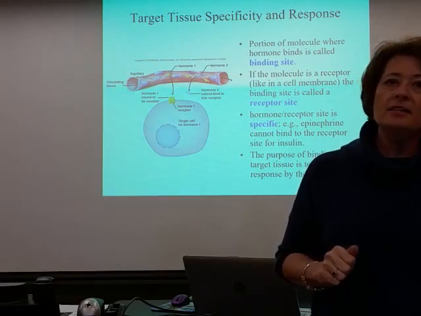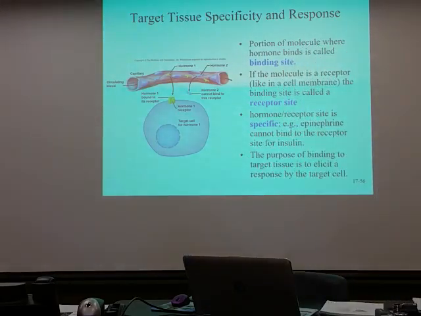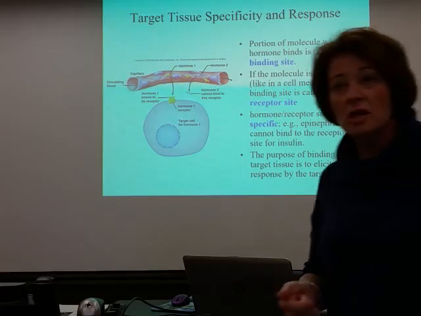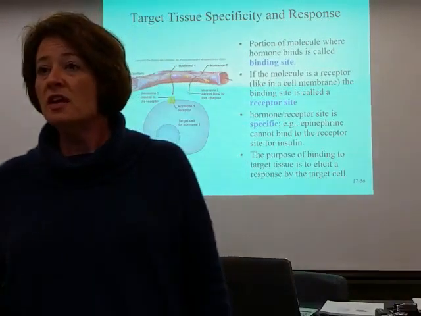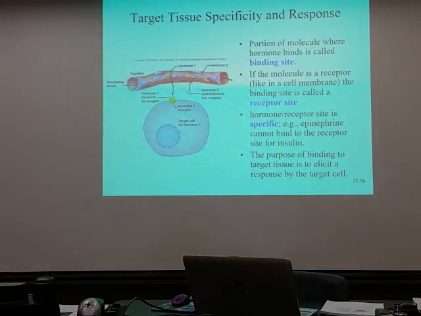And then once they make it to their target tissue, I tried to remind you that the target tissue could be the cell itself, it could be cells in the same region right there, or it could be a cell of a different type at a distance.